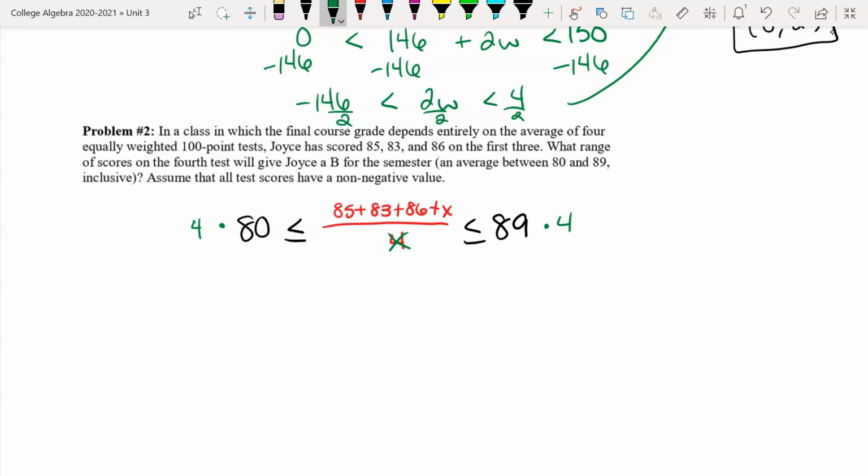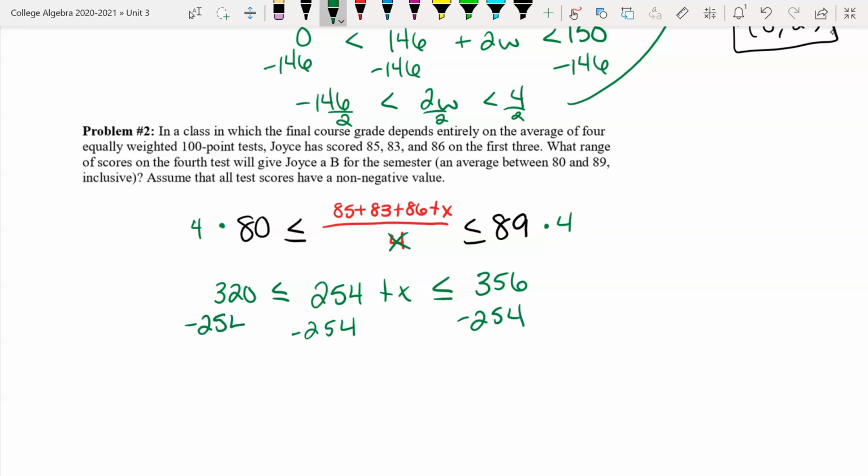So when you do that, you get 320 less than or equal to, I'm going to go ahead and add up those numbers, 85 plus 83 plus 86, 254 plus x less than or equal to 386. So now I'm going to subtract that 254 on both sides. So I get 66 less than or equal to x, which is less than or equal to 102.